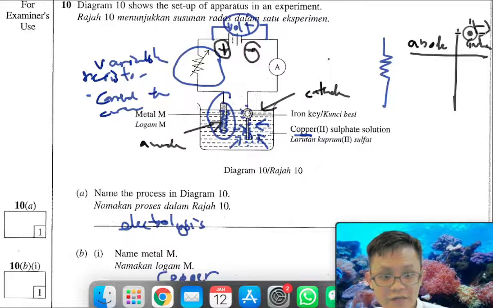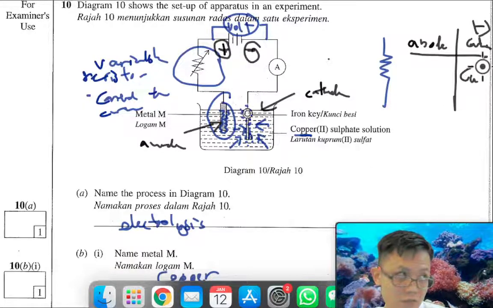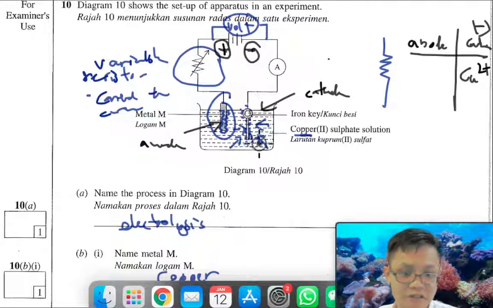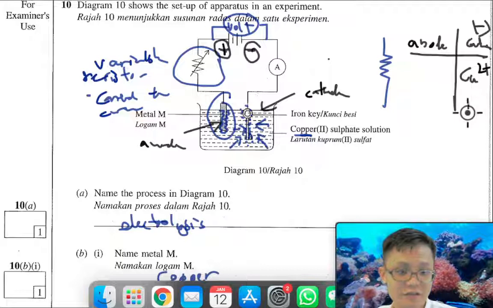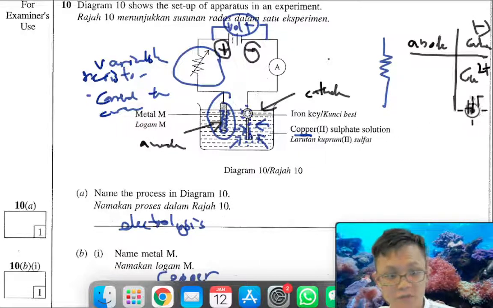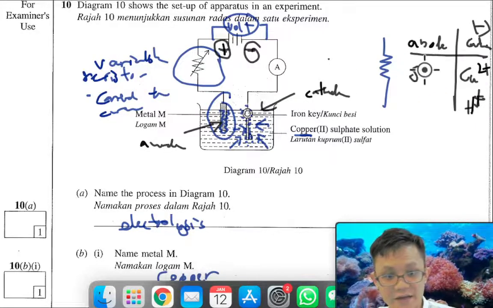So negative will attract positive. So copper is positive, Cu2+. And usually if there is an aqueous solution, I will put H+. This is copper sulfate, this also has H+. And then for the anode, the anode will attract negative, you will get SO4.